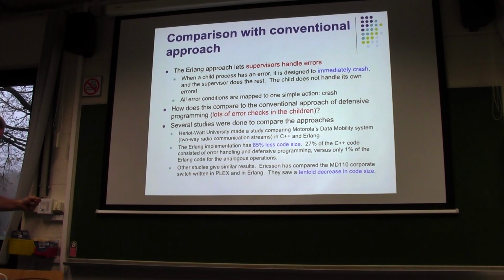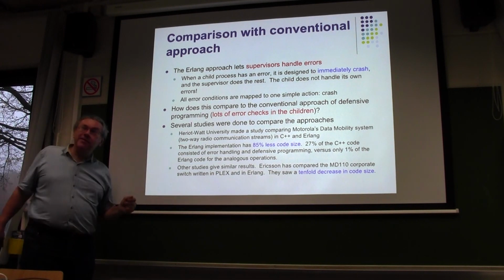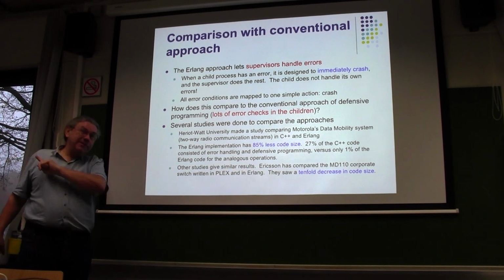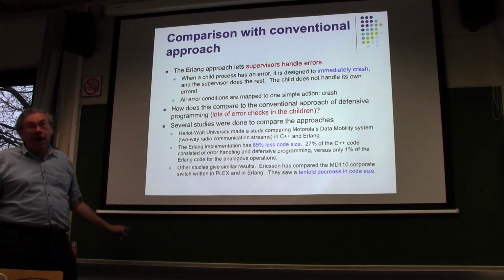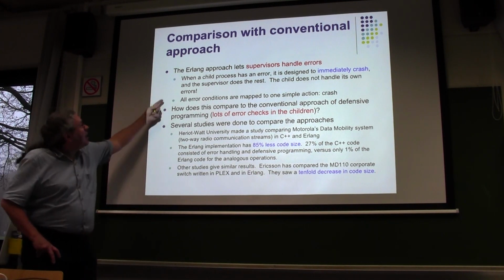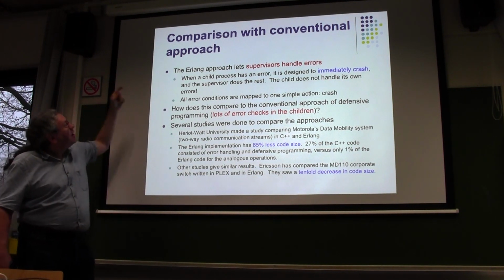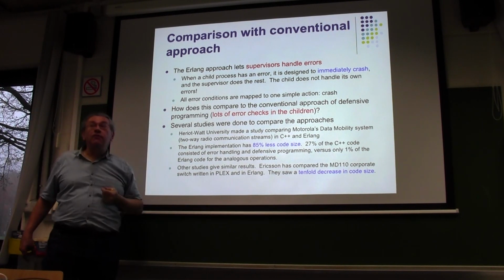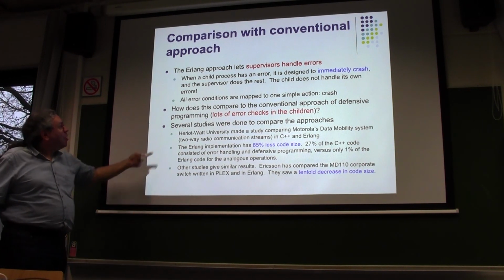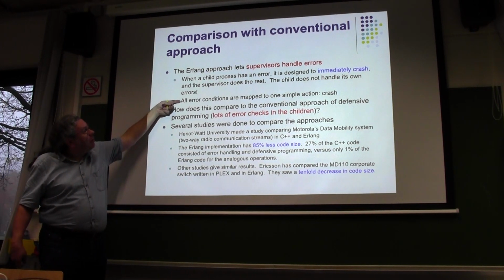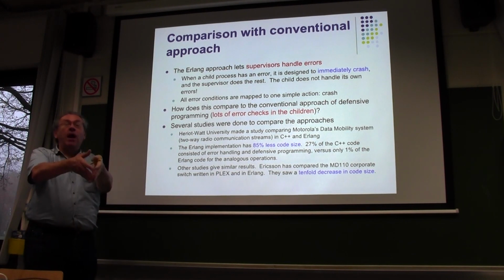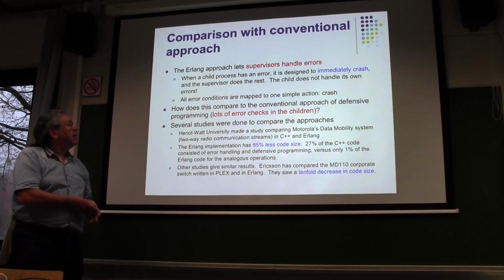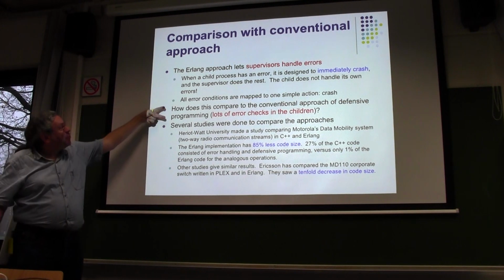Remember the example of the surgeon who removed his own appendix on himself. The child process does not do that. That's very bad. You don't want to do that. This child process immediately crashes and the supervisor does the rest. So the child will not try to fix the errors. All error conditions are mapped to one failure action, which is to crash. Okay? So no defensive programming.